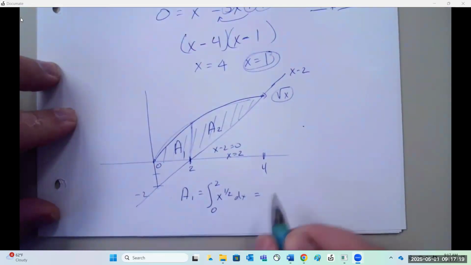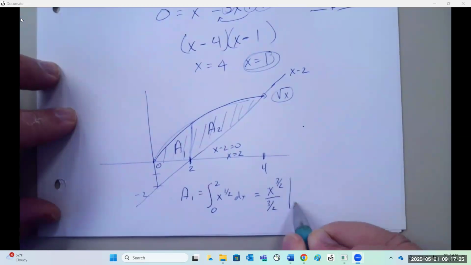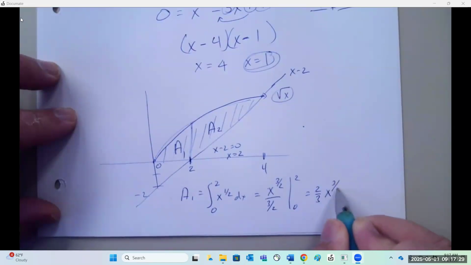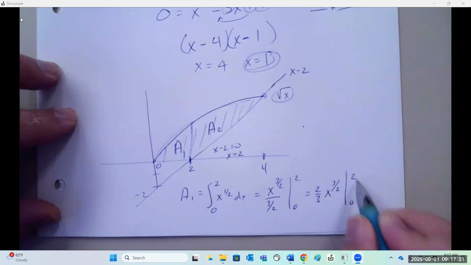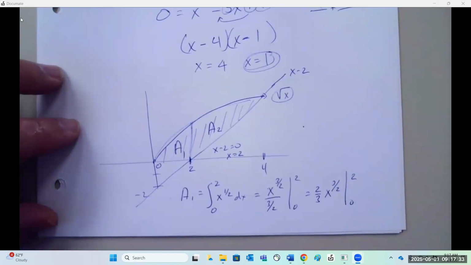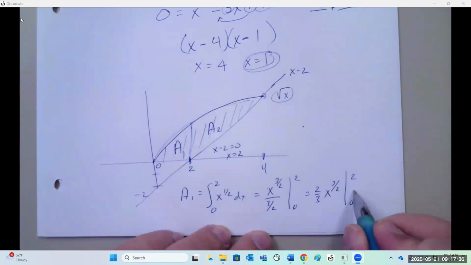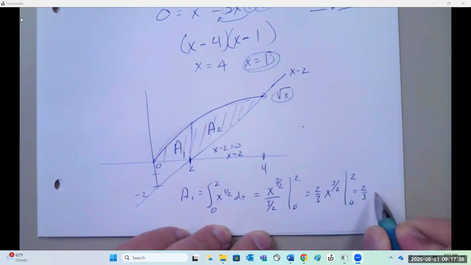So we add 1 to the exponent, and we get x to the power 3/2 over 3/2, which is 2/3 x to the 3/2 from 0 to 2. So 2/3 times 2 to the power 3/2 minus 0.